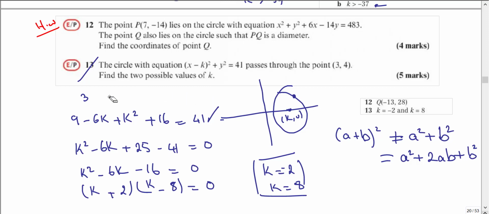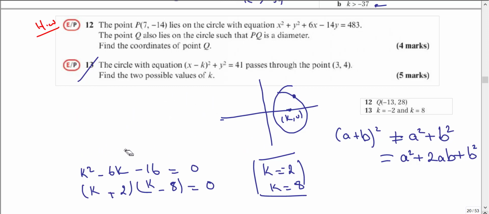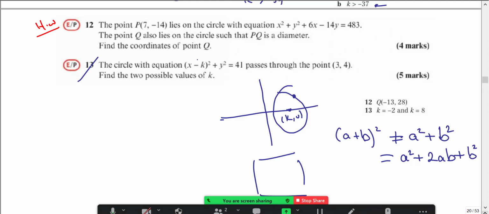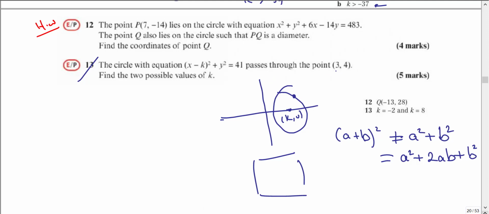Let me erase the answer and I'm going to do it again. Now the question says the circle with equation x minus k squared plus y squared equal 41 passes through this point. So we can substitute the point if we want. Find two possible values of k. So what to do here?